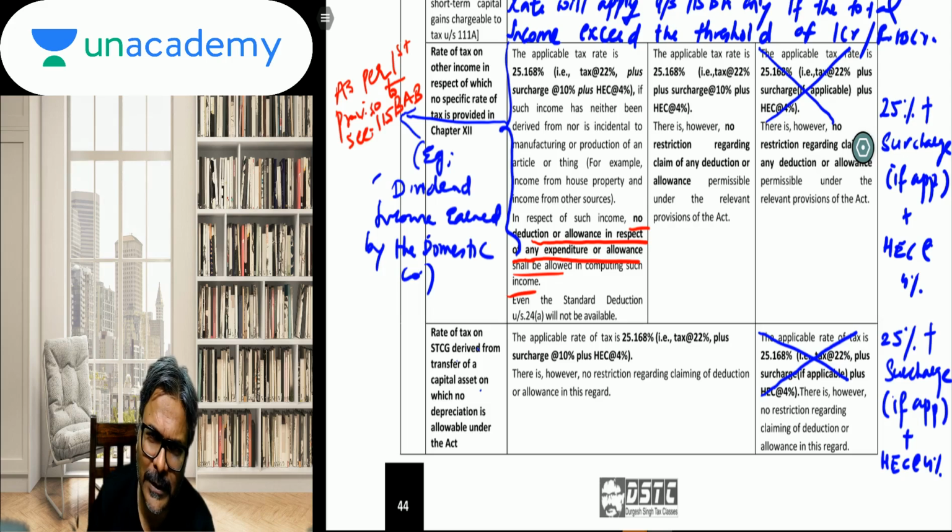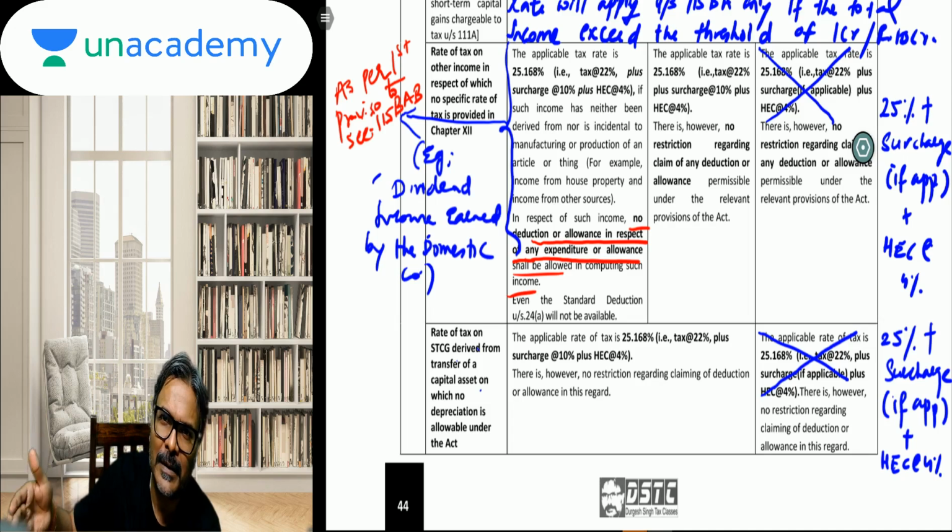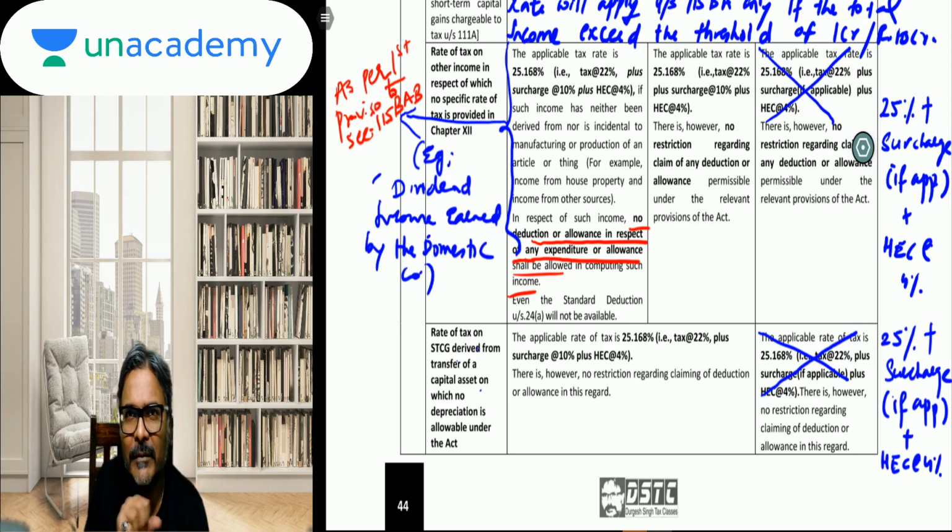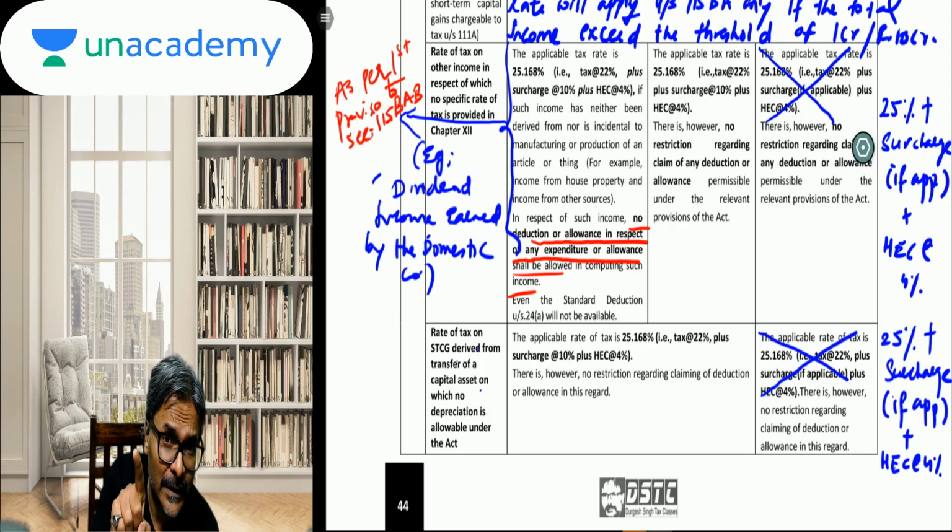Now one particular thing comes to the mind of the student: sir, is it optional, can we choose between the first proviso to 115BAB and the normal provision for the dividend income? Can we have a choice between the two? Please pay attention then.